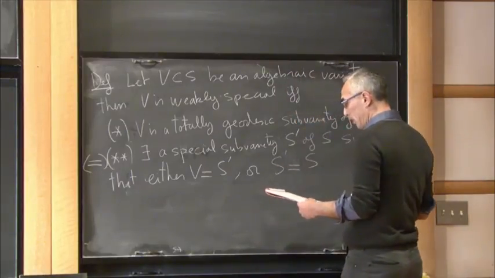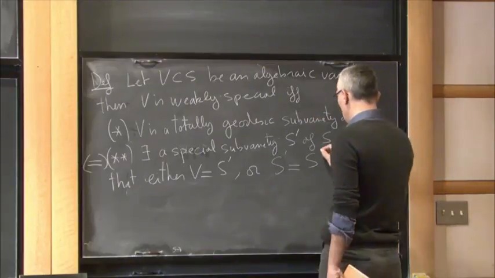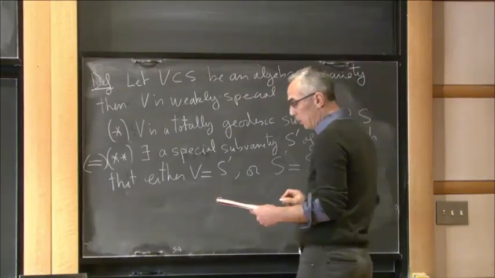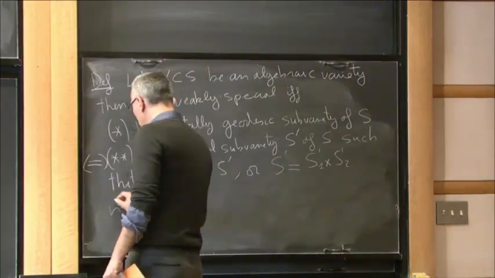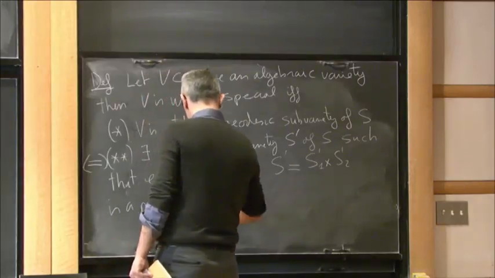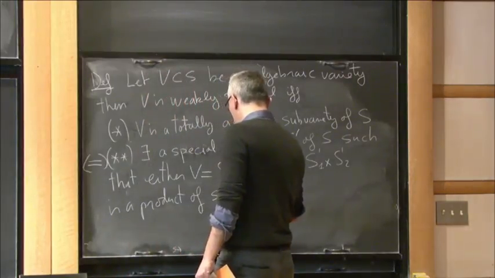So S' is of the form S'1 cross S'2, the product of special subvarieties.